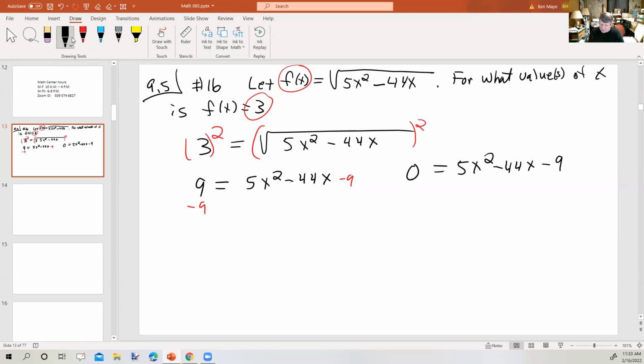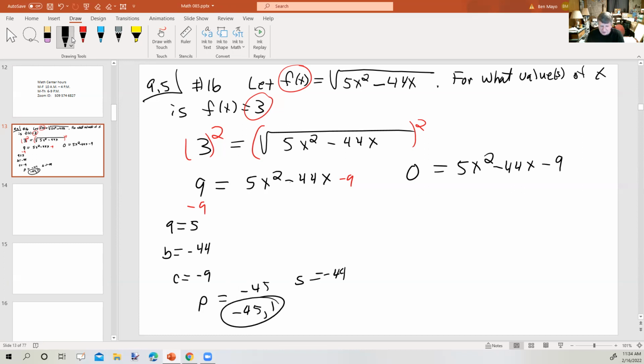There's no greatest common factor. Let's see, the leading coefficient is not a 1. It's not a perfect square. So I'm going to use factoring by grouping. A is 5, B is negative 44, and C is negative 9. So the product is negative 45 and the sum is negative 44. So the numbers are negative 45 and positive 1.